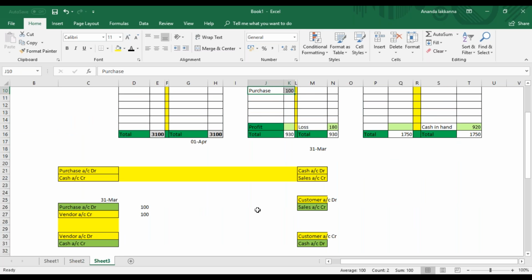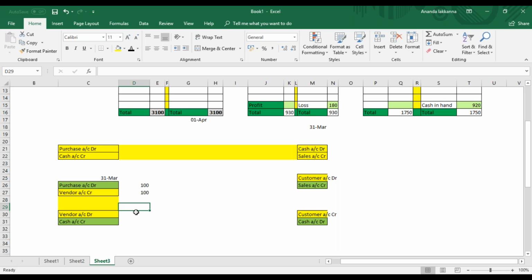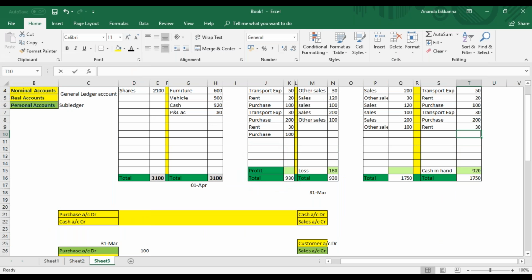I'll pay him. Then once I go and pay him, the same 100 rupees, this entry will come into the picture. Then my cash will get affected. Then I will give this 100. What happened here? My loss has gone to 180 and my cash has reduced to 820.